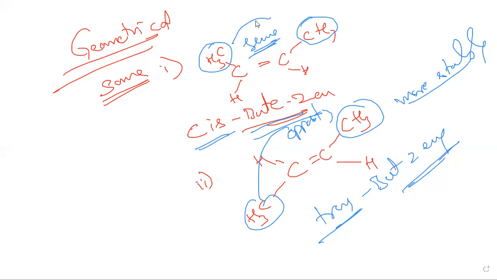If both bulkier groups are on the same side, there will be steric hindrance. The bulkier groups are congested, so the adjacent groups try to move away from each other as much as possible. If the bulkier groups are away from each other, there will be less repulsive force and less hindrance between them, and then the molecule will be more stable. Trans isomers are more stable than cis isomers.